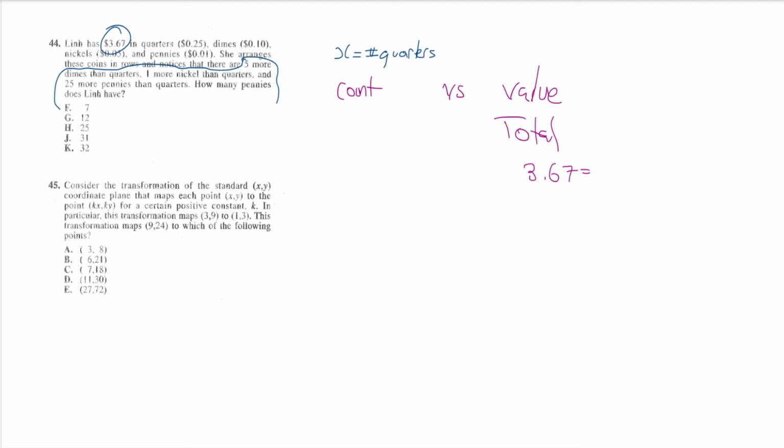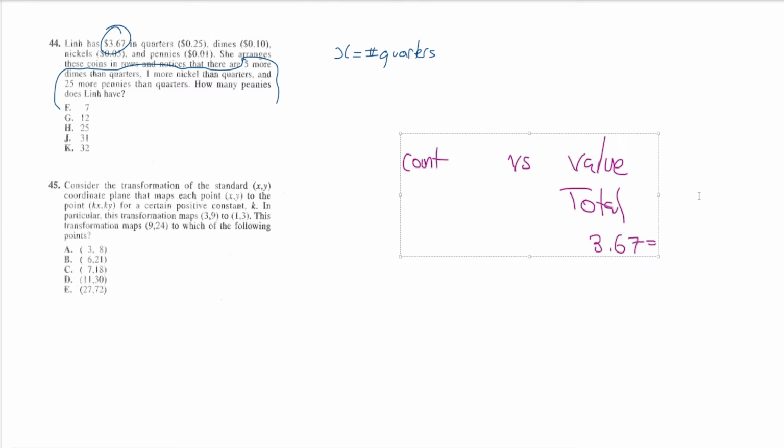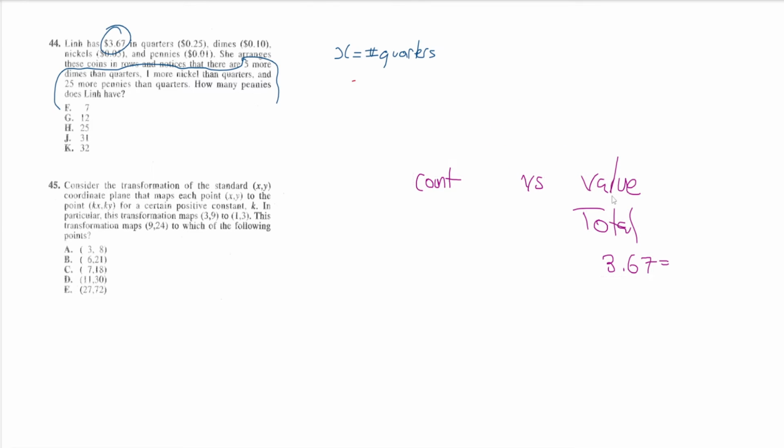So for a short time here, let's call y the number of pennies. Let's call z the number of dimes. And let's call w the number of nickels. Okay?